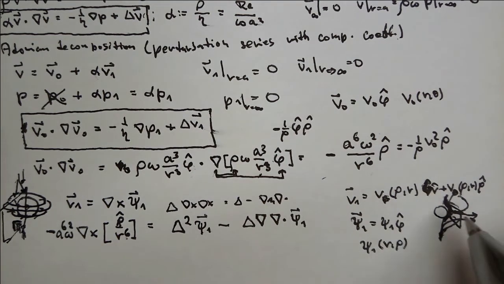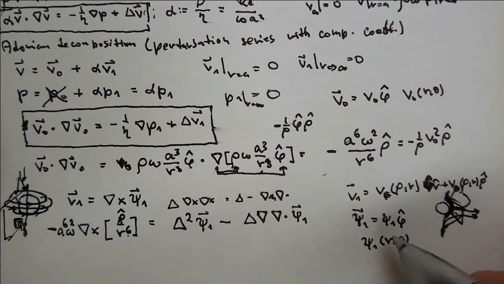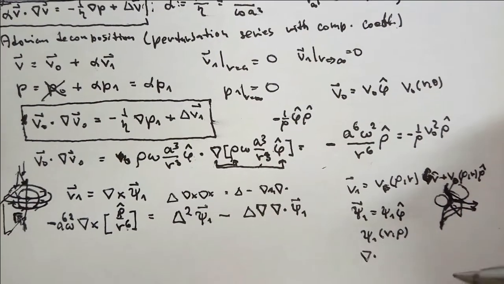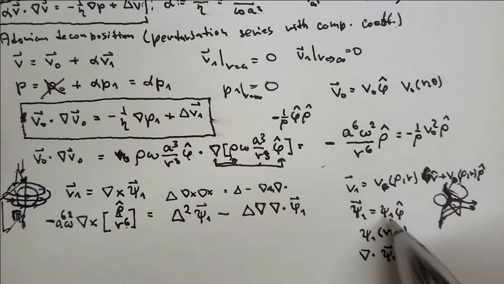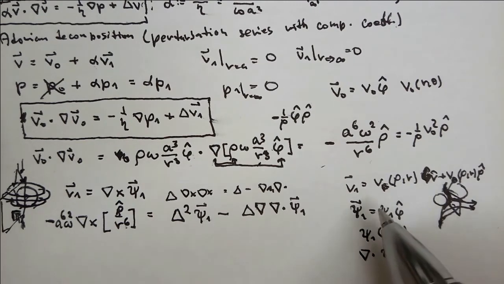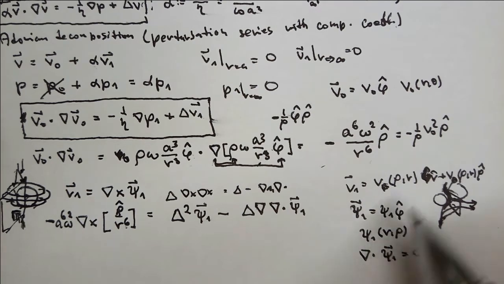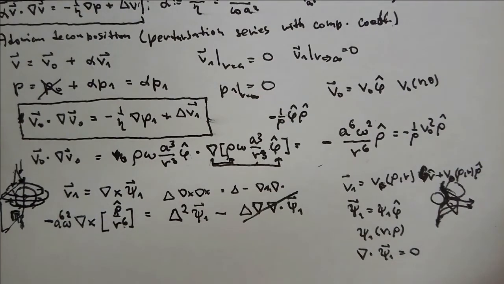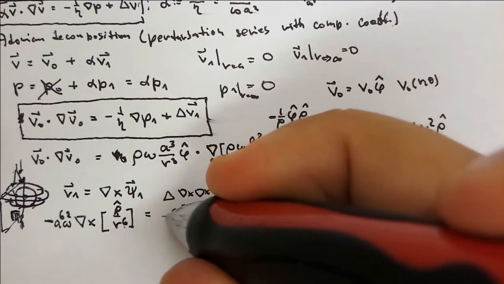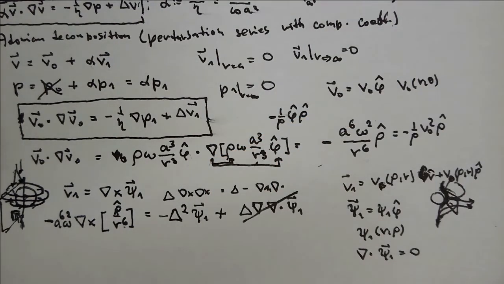And if this is true, then the gradient or the divergence of psi 1 vector is 0 basically, because this is proportional to the sum of vectors in the plane. The phi is constant, the dot product with this is 0, and the divergence of this is also 0, so this is 0. And maybe there is a mistake, because there should be a minus sign, I'm sorry, there is a plus sign.